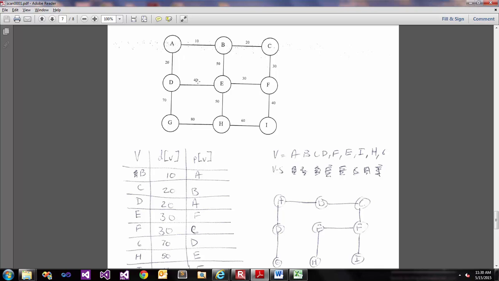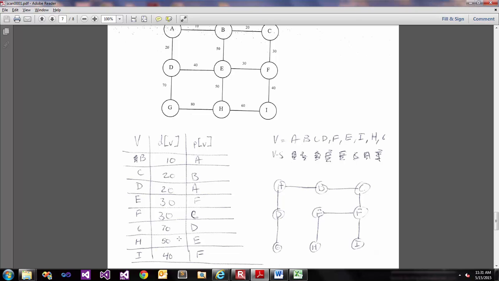Adding D, we get two additional links, 40 going into E, which is less than the current value because the current value is 50. So we would cross off 50 here and write 40 for node E, and that would go through D. And we would write 70 to node G here.